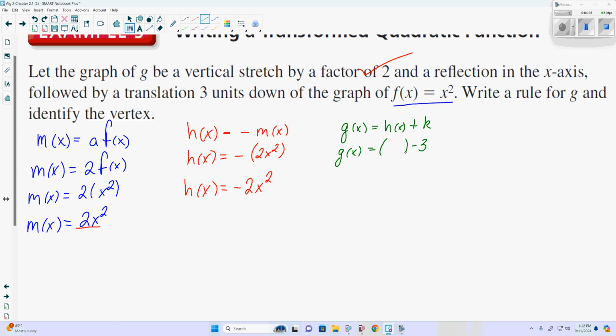And h of x is what? Negative 2x squared. So g of x is negative 2x squared minus 3, and that's it. I think these became a little bit easier once we've seen them and seen how they worked a few times, yes?